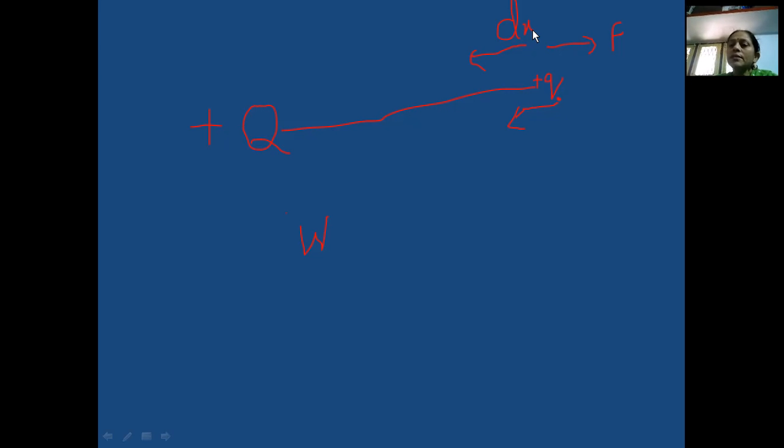You have already studied from class 9 and 10 that work can be positive, negative and 0. So here there will be negative work because force and displacement are in opposite directions. So we can write minus F into dx. The negative sign I already explained. Since dx is a small displacement, using differentiation we can write a small amount of work done, dW.